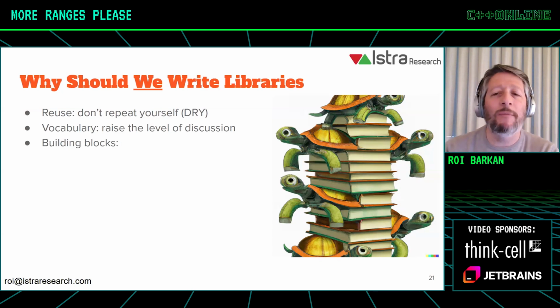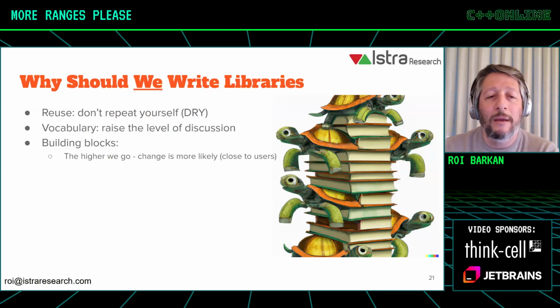And then the notion of building blocks, of really separating our entire code base, our entire project, into several sub-libraries can really help, because it can help us think about the layers and the depth at which each building block resides. The higher we go, whatever we consider a high-level piece of language or a high-level library is typically closer to the customers, closer to the actual users.